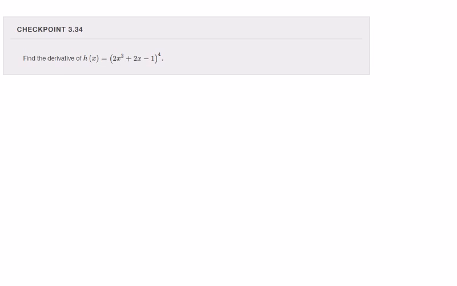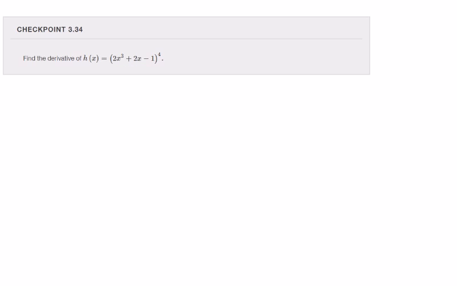Now let me show you an example of why this is useful, and just to show you what a function looks like that would utilize the chain rule. So here we have a function, and you can see that we have a function inside of a power, right? Inside of a function raised to a certain power.